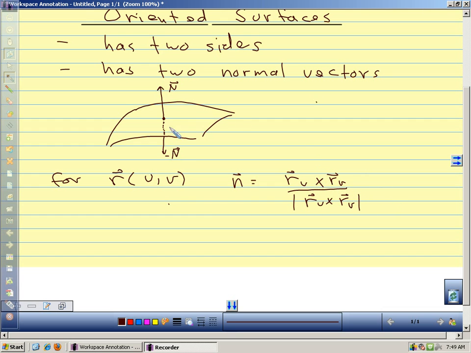And our second unit normal vector would just be in the opposite direction, negative n. So we have one that points up, one that points down, one that points one particular direction, one that points in the opposite direction.